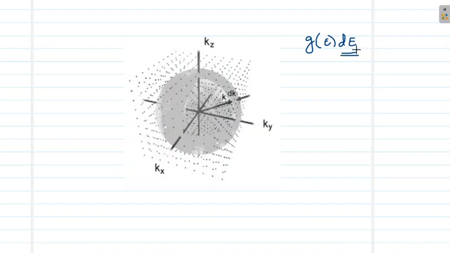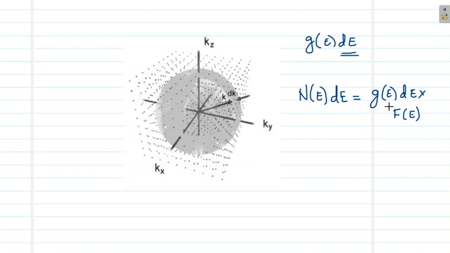Now if we want to calculate the number of electrons within that energy interval, all you need is to multiply the number of states available with the probability of occupancy, the probability that the electron will occupy that state.